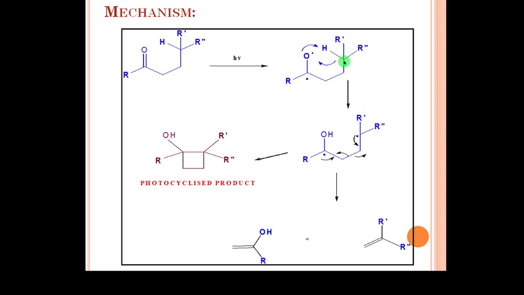Upon this transfer, it leads to the formation of enol, and these radicals can rearrange themselves to give a cyclobutanol as a photocyclized product.